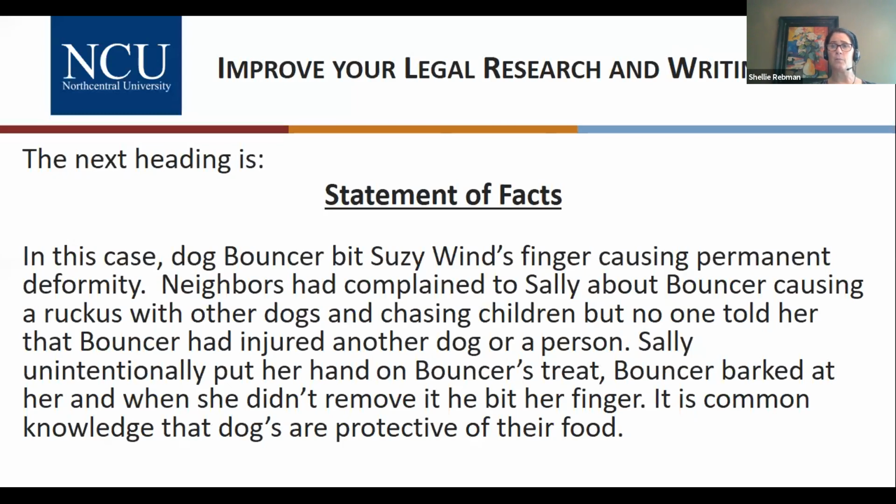Susie unintentionally put her hand on Bouncer's treat. Bouncer barked at her, and when she didn't remove it, he bit her finger. It is common knowledge that dogs are protective of their food. And again, these are just the facts that are necessary to your analysis and conclusion.